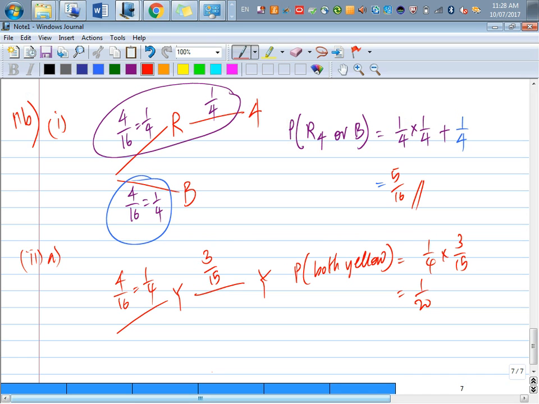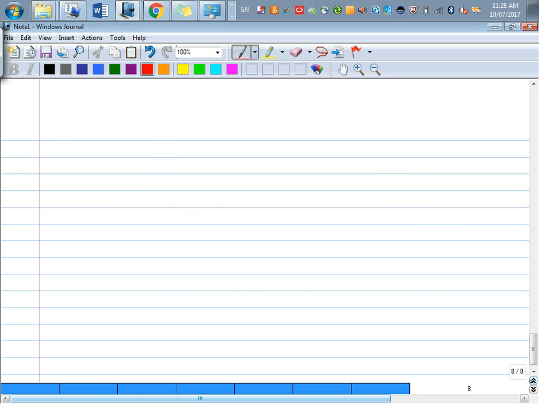Okay, so last part, B. Probability at least one blue. Now whenever you see probability questions and they tell you at least something, you need to remember this point that I'm going to make.